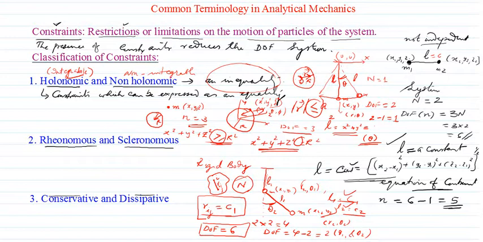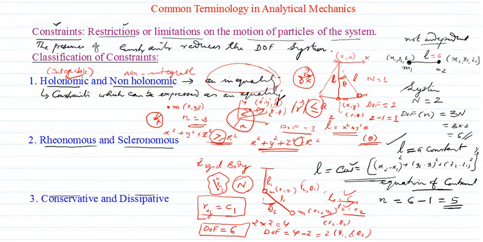So you can have a conclusion. The presence of holonomic constraints reduces the degree of freedom of the system. The degree of freedom can be calculated as follows. You first calculate the degree of freedom without constraint by simple logic: for n particles in space, 3n degrees of freedom. That is our general idea. Then you subtract the number of holonomic constraints from that.